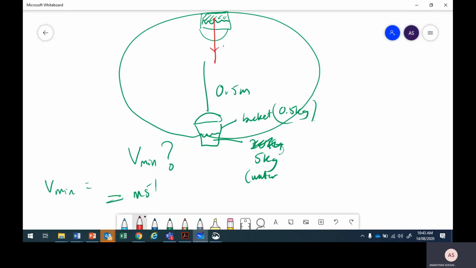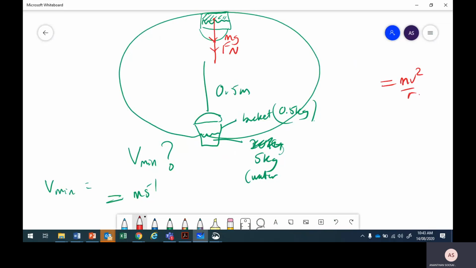So Fn acting down, and mg of the water. We are focusing on the water. So for the water, what equals mv squared over r? Not the tension for the bucket, because we are focusing on the water.